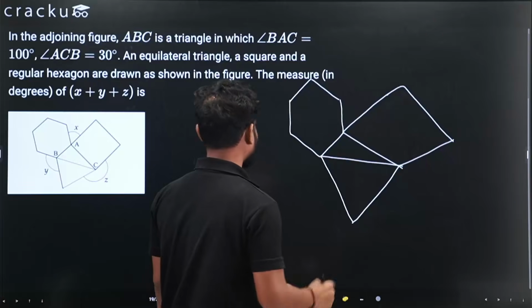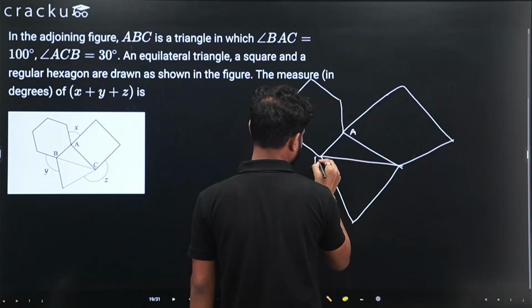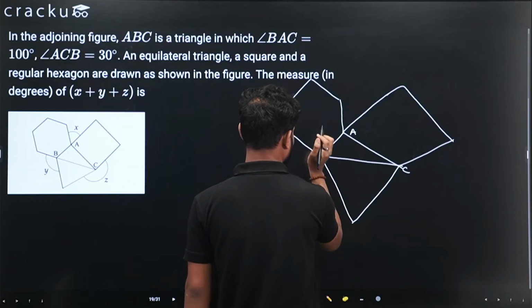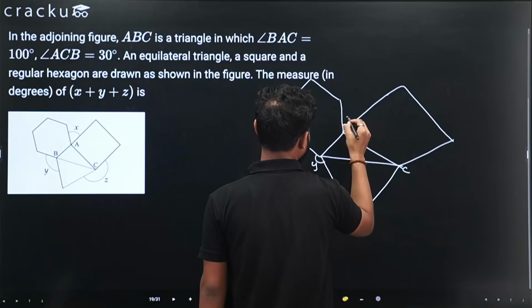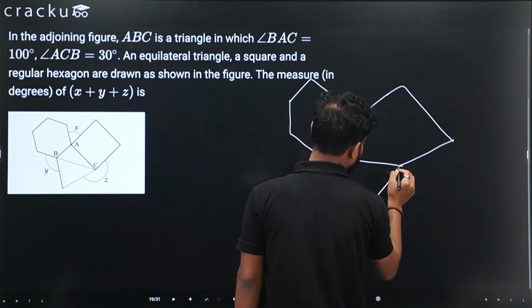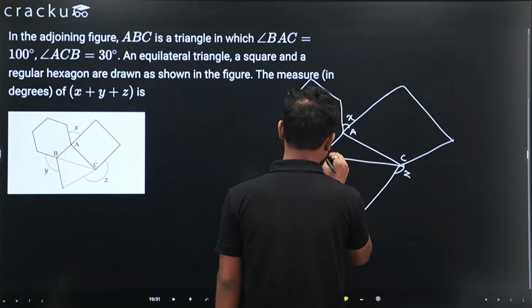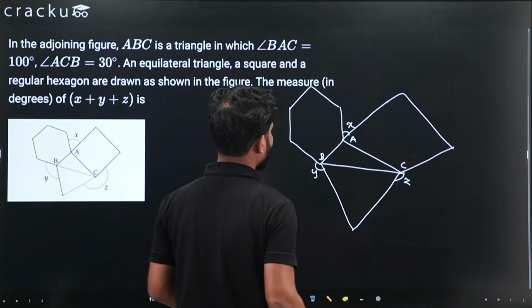Right? And this is A, this is B, C, and I have this as Y, this as X, and this as Z. This is C, this is B. What is given? It is given BAC is 100 degree.